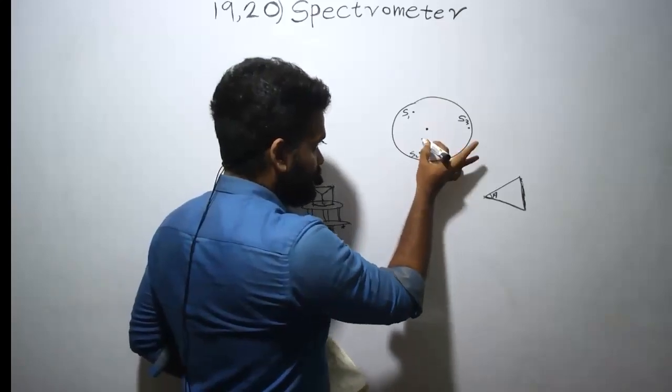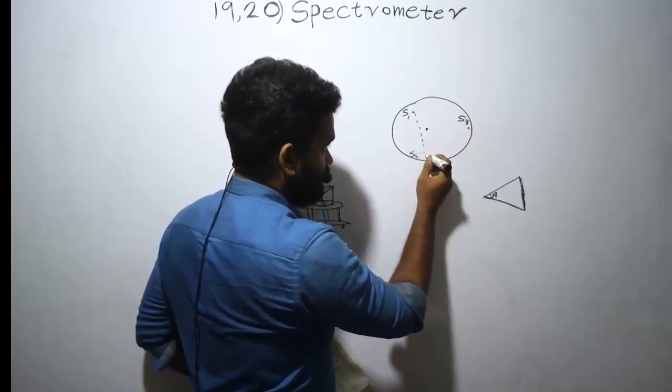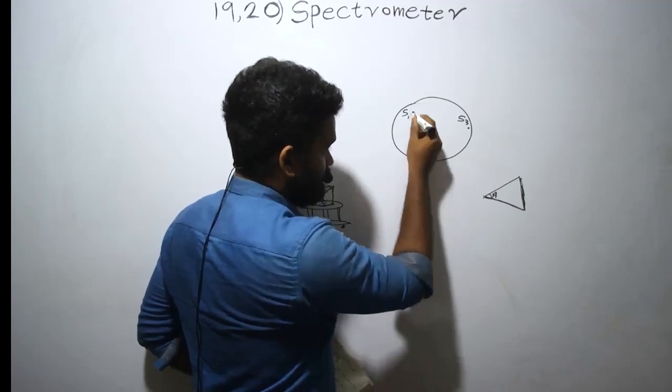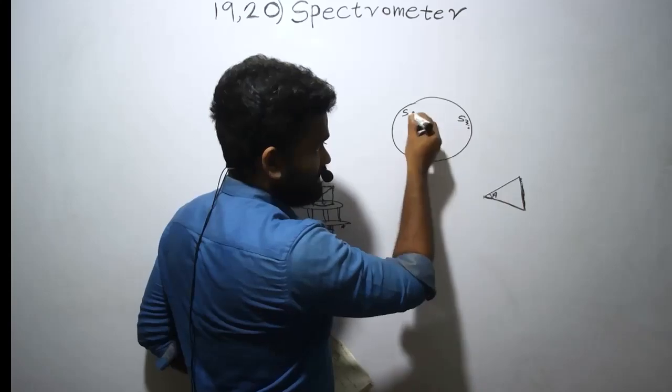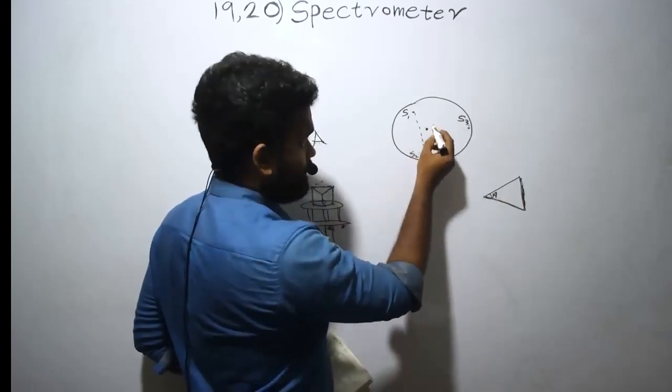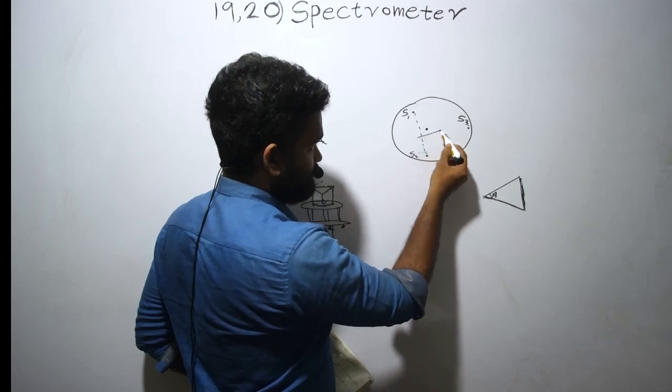So it is like this. Let's say this is S1, S2, and S3, in an equilateral triangle. Then you place the prism like this.